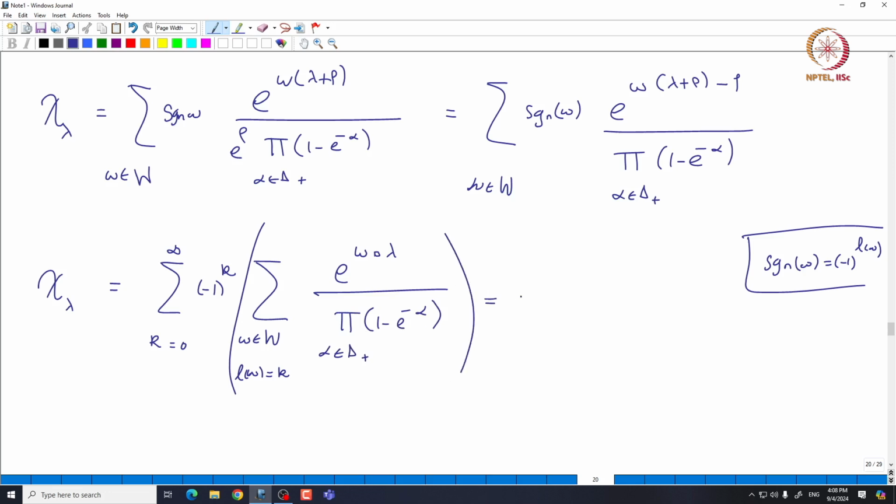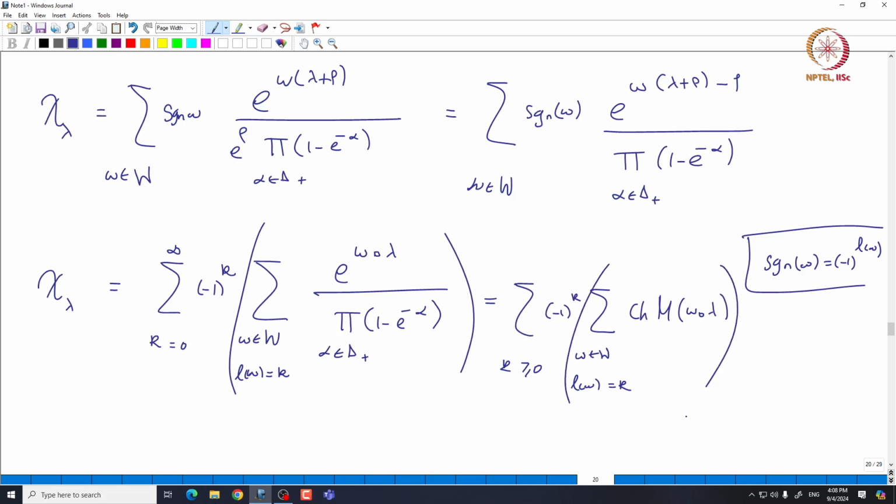That means this is exactly equal to the summation of minus 1 power k, summation over w in W with length of w equal to k, of the character of the Verma module corresponding to this dot action w dot lambda, where k ranges from 0 to infinity.